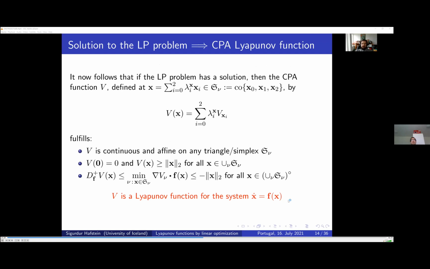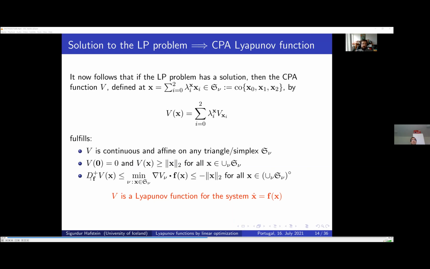Okay, so from this it now follows that if we have a feasible solution to our LP problem, then the function we defined as this interpolation is continuous and affine on every triangle of the triangulation. It will be 0 at 0 and will be larger than the norm of x at any point x. And this here will hold.